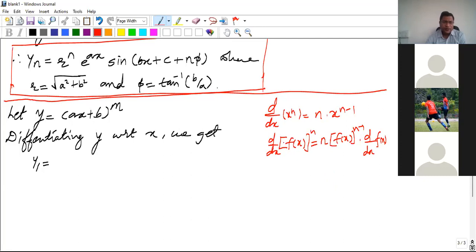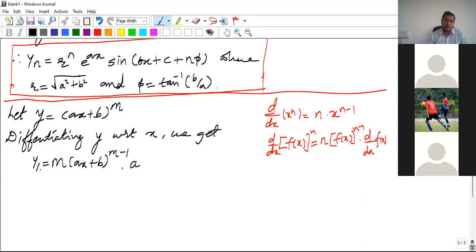Now here you can see this is a function of x. So what will happen here? This m will come down. Then you will have (ax plus b) raised to m minus 1, and then the derivative of this term. What will be the derivative of this term? a.